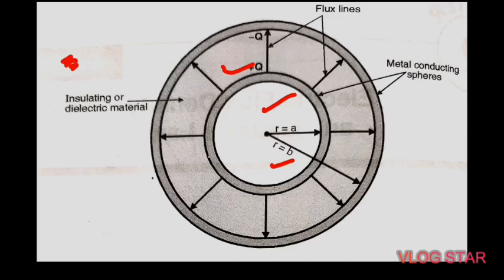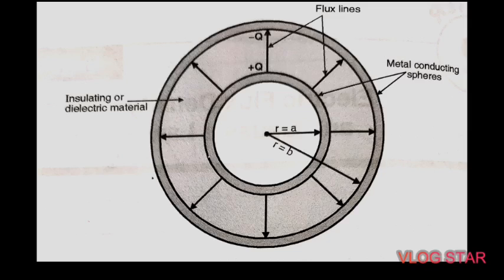There is no electrical connection between the inner sphere and the outer sphere. Here an insulating or dielectric material is placed between the two spheres as shown in this figure. The outer sphere is then connected to the ground momentarily to remove the initial charge present on it.